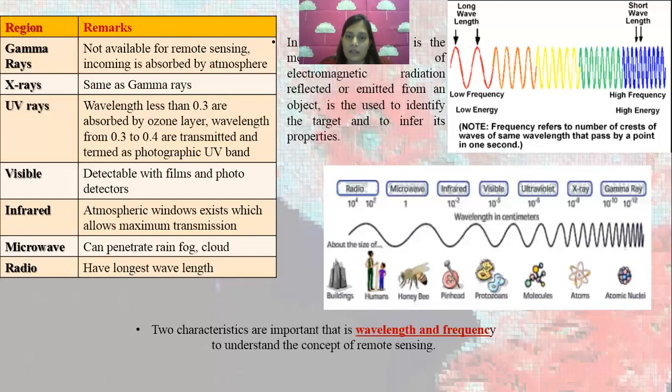Electromagnetic radiation is a type of radiation emitted from any object, and it has properties that allow classification, and accordingly our satellite image is classified and we can do the analysis.